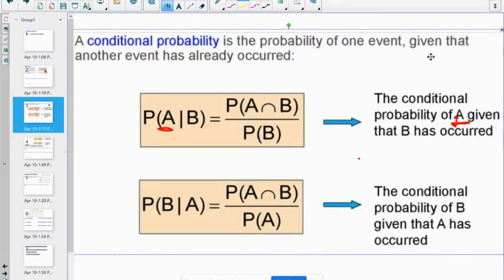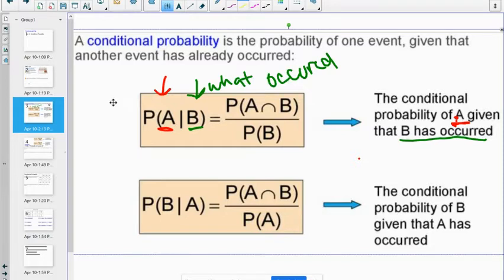So it says the conditional probability of A, over here on the right, given that B has occurred. So the second part is what has occurred. And A, that first part, is the probability we're looking for, let's say the probability desired.